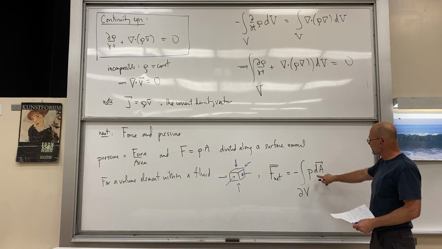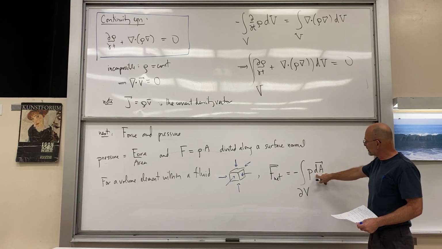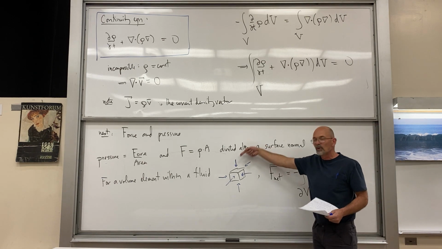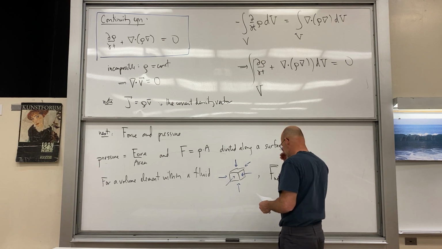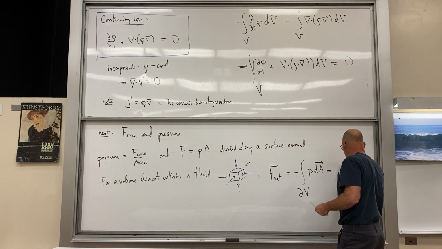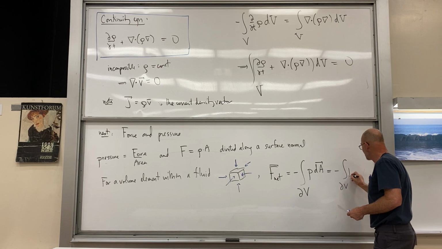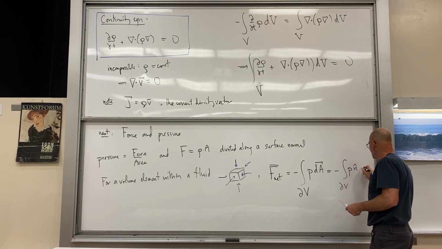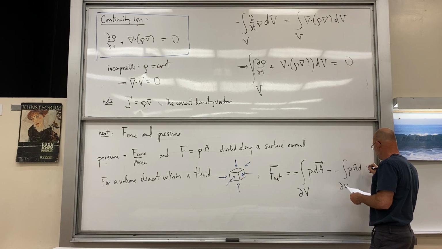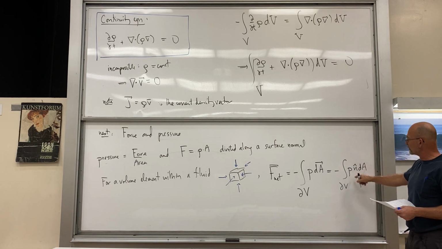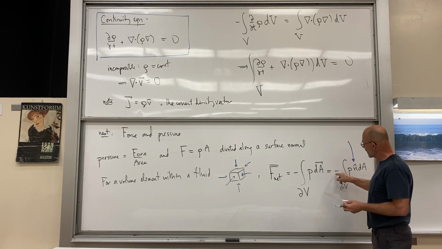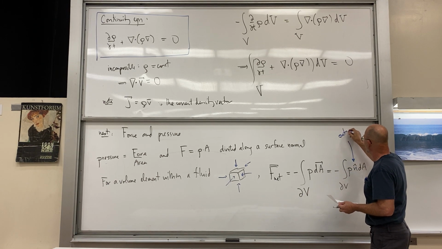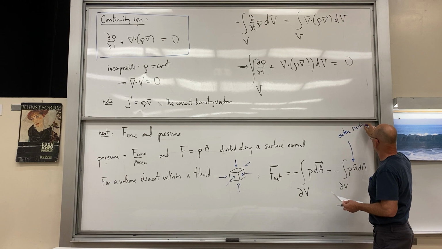This integral is in terms of an outer surface normal, and those vectors are pointed the opposite direction. So it gets the minus sign there. And we could call that minus integral P n hat d area. So n hat is the outer surface normal. And that's why we have the minus sign.